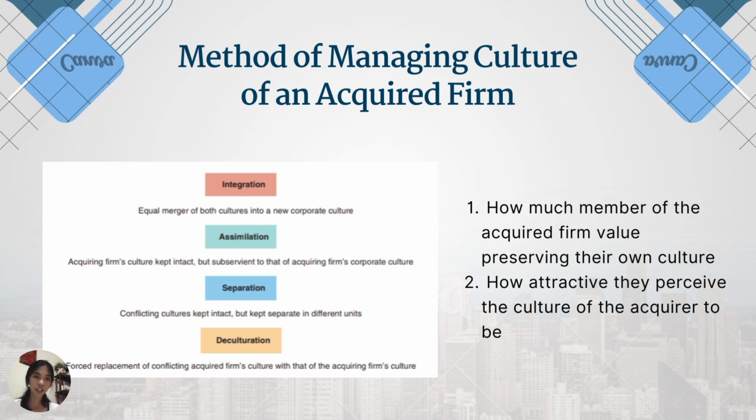First one is integration. Equal merger of both cultures into a new corporate culture. It involves a relatively balanced give and take of cultural and managerial practices between the merger partners and no strong imposition of cultural change on either company.